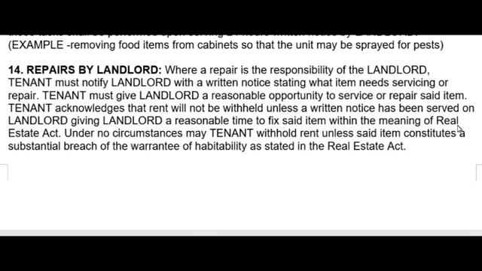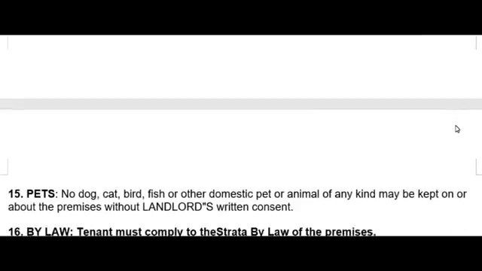Tenant acknowledges that rent will not be withheld unless a written notice has been served on landlord, giving landlord a reasonable time to fix said item within the meaning of the Real Estate Services Act. Under no circumstances may tenant withhold rent unless said item constitutes a substantial breach of the warranty of habitability as stated in the Real Estate Act.